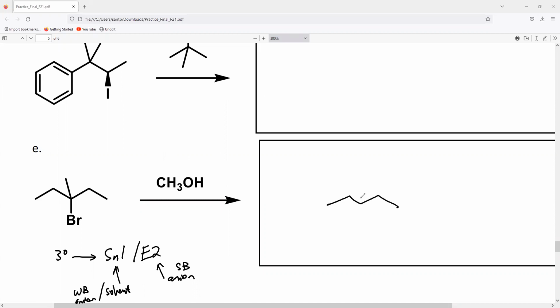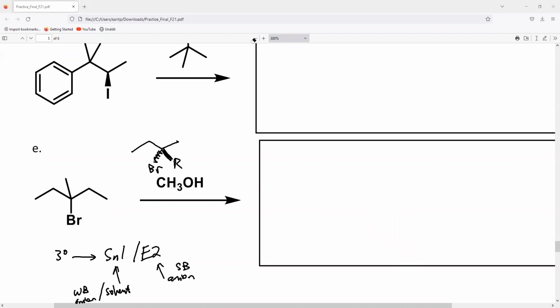Okay. So all I'm going to do here is replace the bromide. Oops, sorry, CH3. Select that. Now, to make this a little more interesting, right? Let's say I'll just put R here, and I'll make this a wedge, and I'll make this a dash. Let's say I had this bromide, right? And I did the reaction with this bromide, right?